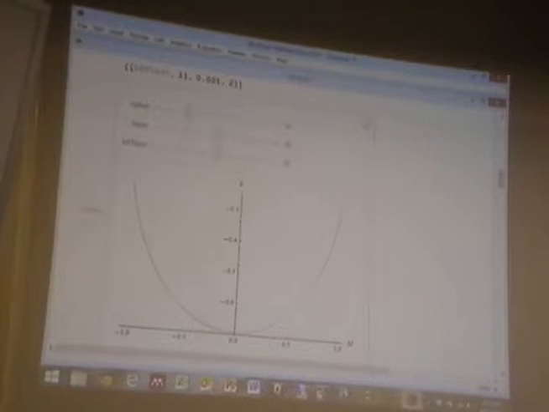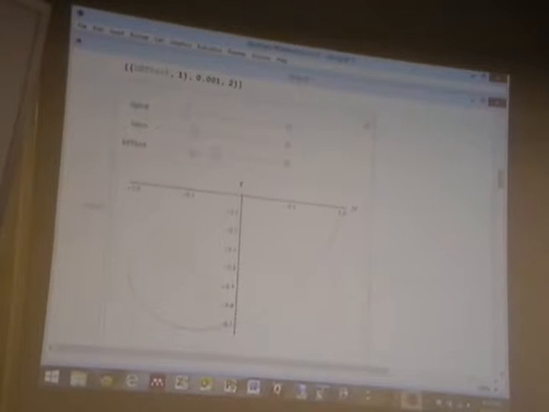Suppose I'm at high temperature. If I'm at high temperature and I vary the magnetic field, you can see that at positive field, I get some positive magnetization. When it's 0 field, I get 0 magnetization.